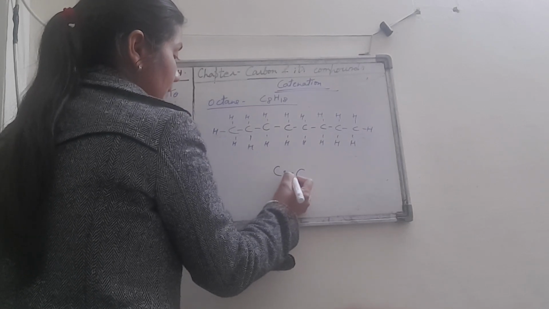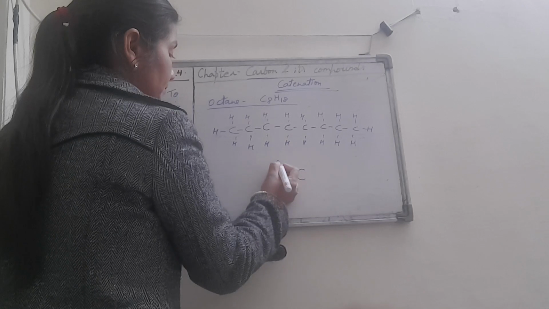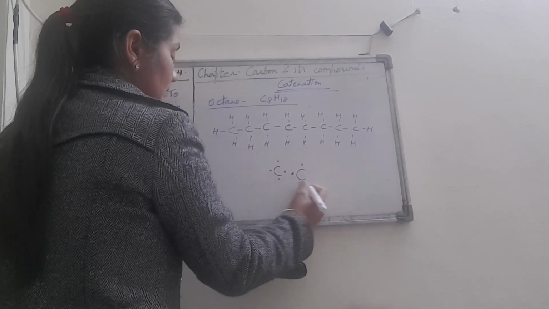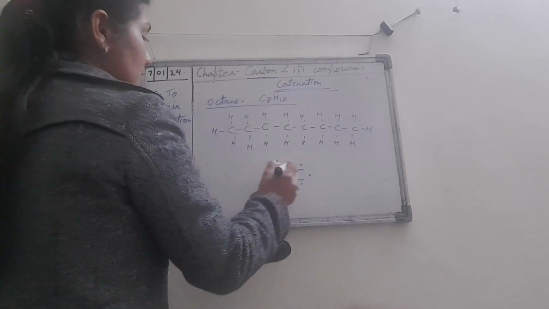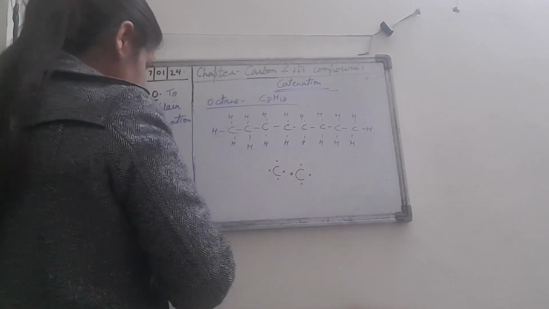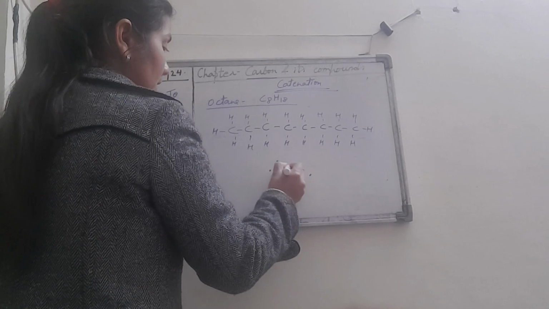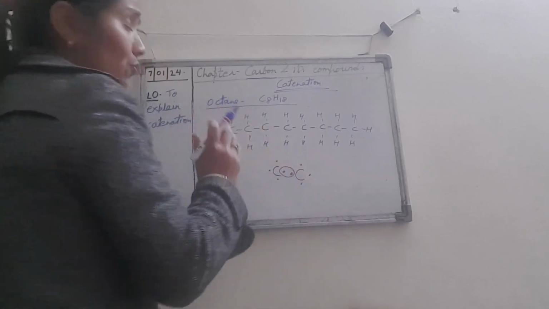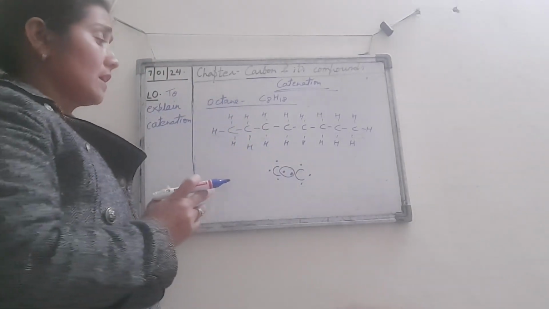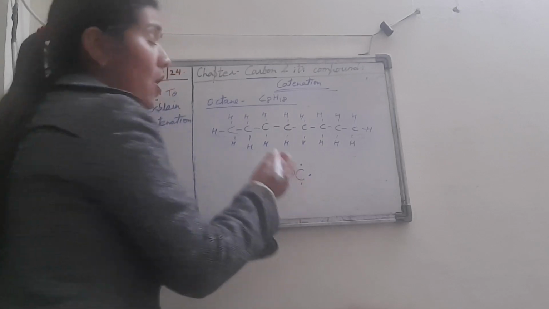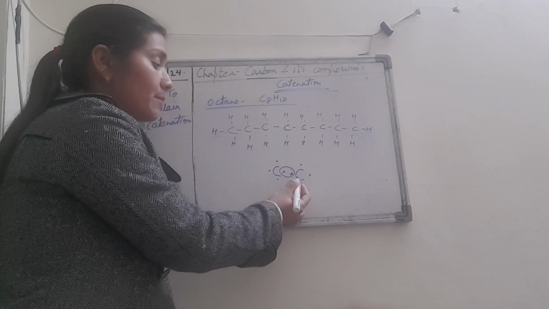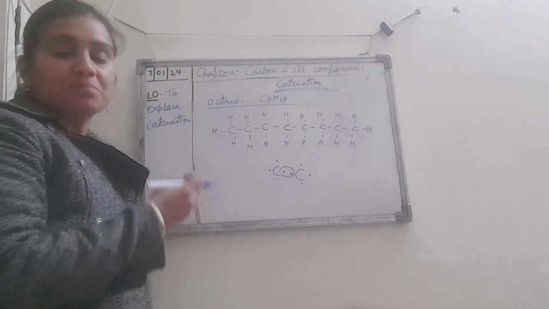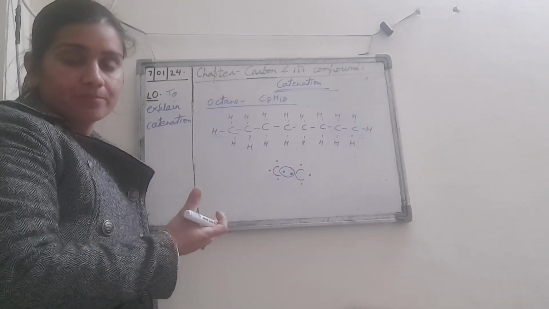So these are the shared pair of electrons, right? This is the electron cloud. Okay. So this electron cloud is bounded with the nucleus of both the carbons which are participating to form covalent bond.